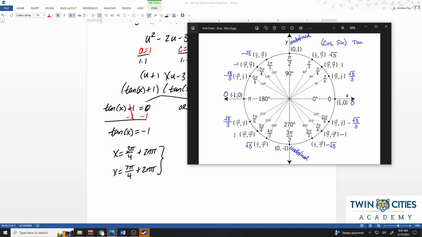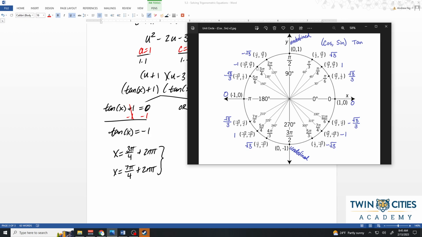So instead of saying 3 pi over 4 plus a full circle gets me back to this spot, and 7 pi over 4 plus a full circle gets me back to this spot, I could simply say 3 pi over 4 plus half a circle will get me here, and then another half a circle will get back to 3 pi over 4. Another half a circle will get here, and so forth.